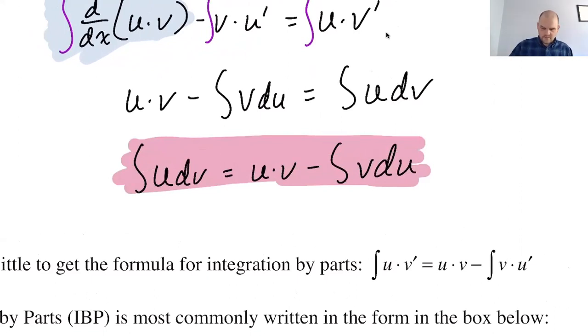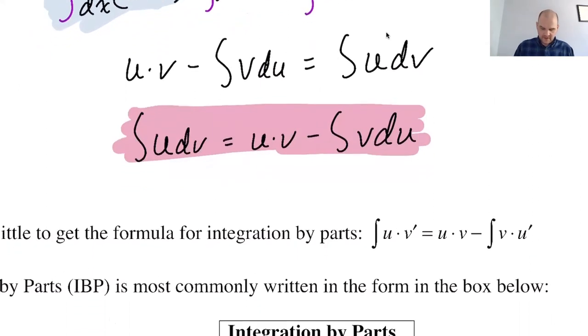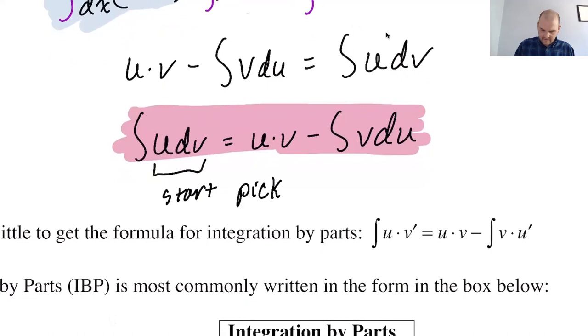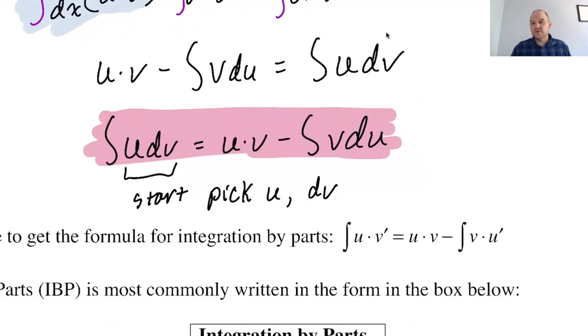So how is it going to work? Well, we're going to make judicious choices, right? We're going to start with this, and we're going to pick what we think u is and what we think dv is. It's really annoying, it's just like with vectors, you use u and v, could you pick things that look more similar? So we pick u, we pick dv, look at the formula.